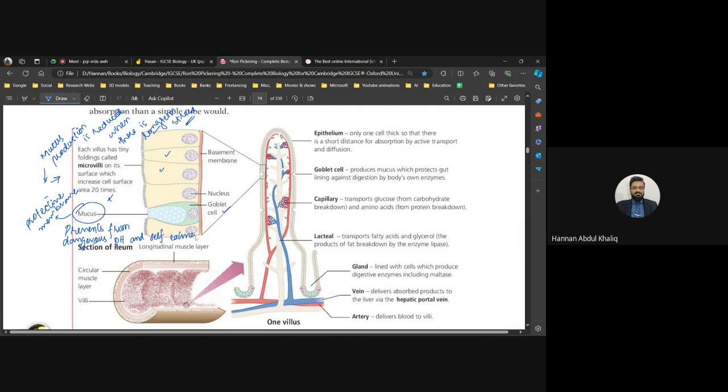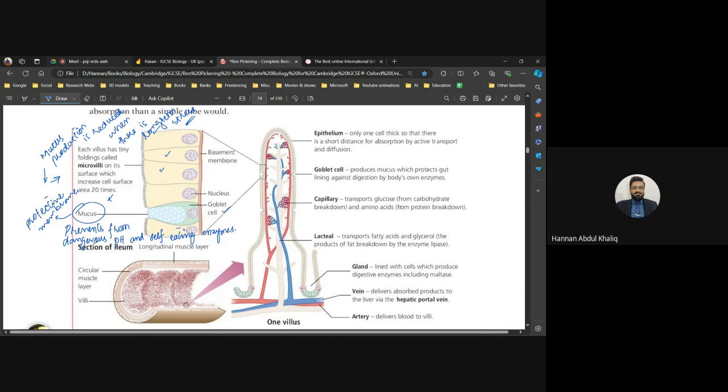If the mucus is not there, the enzymes would start destroying the cellular layer, the epithelial layer of the intestine. So it definitely means that it would become very dangerous, very ulcerative.